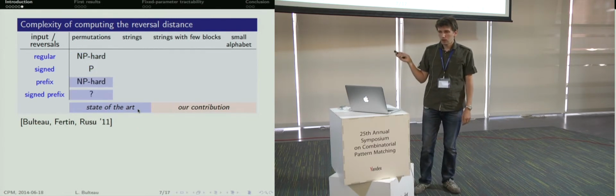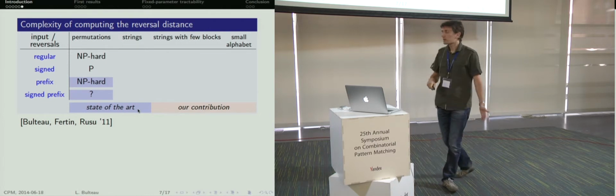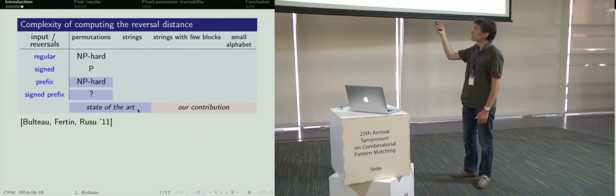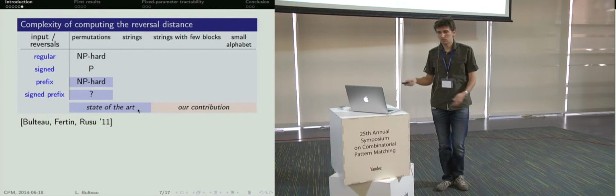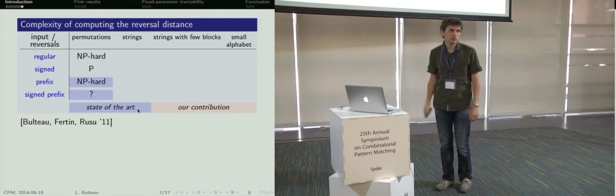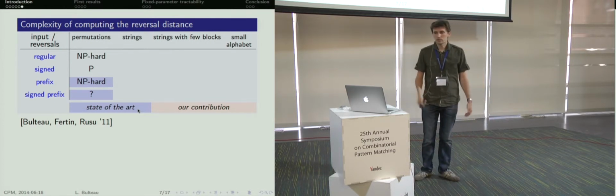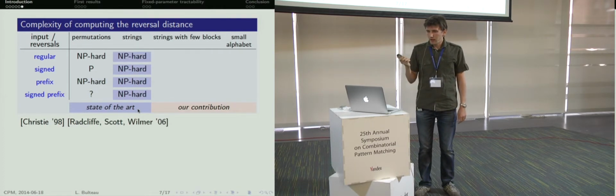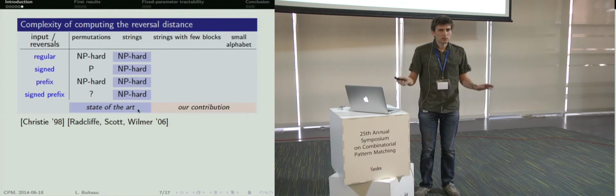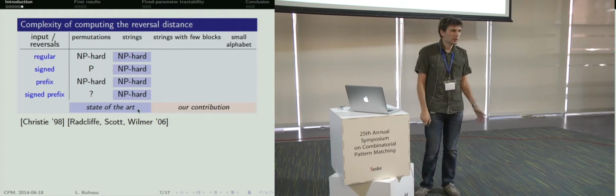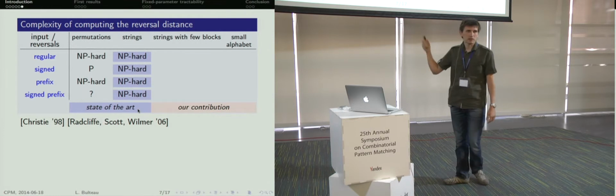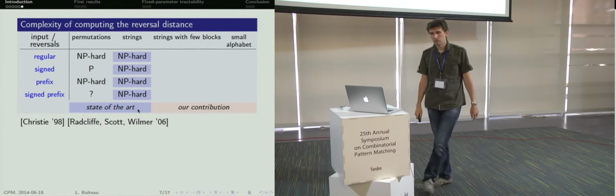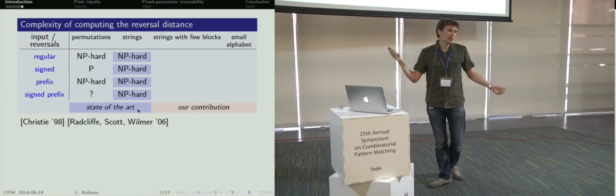And if we look at the prefix case, it's again NP-hard for the regular variant, and there is still this question mark, which we would really like to answer, but it's not the topic of this talk. And for strings, everything is NP-hard. Even for binary alphabet, there's no polynomial-time algorithm on strings, in the general case at least.